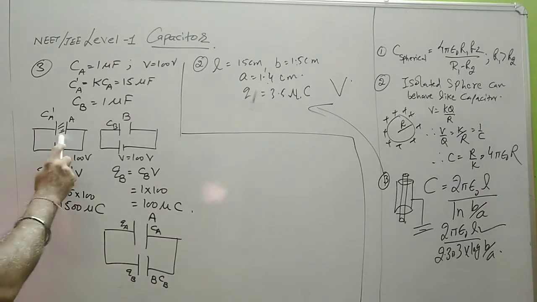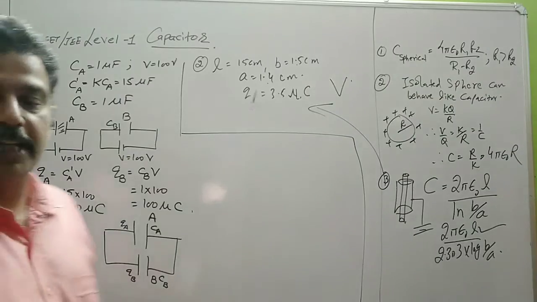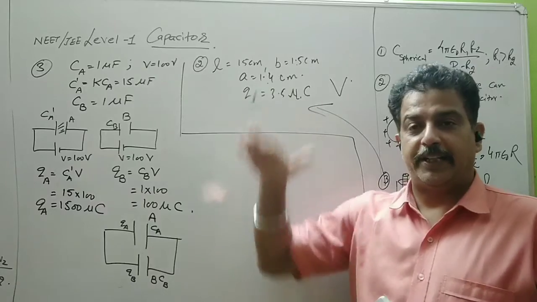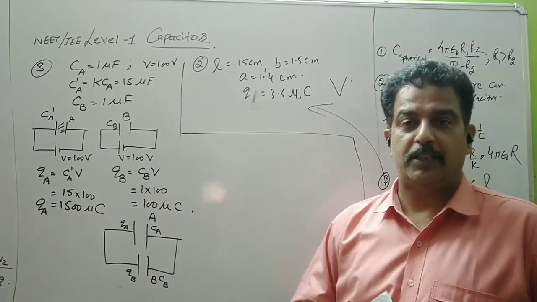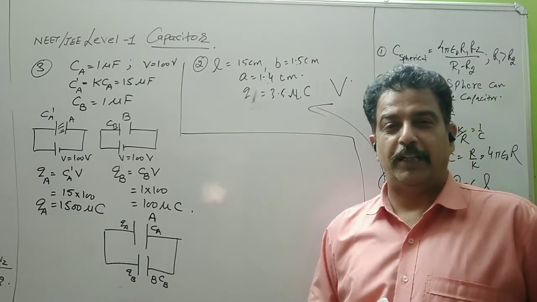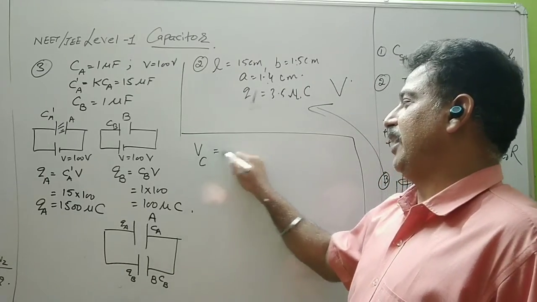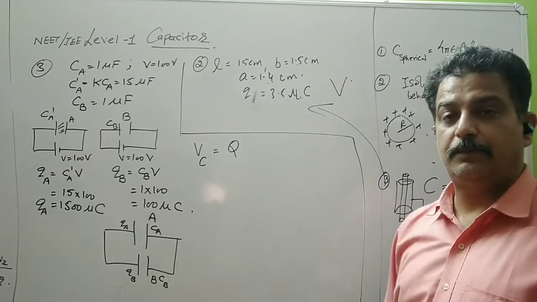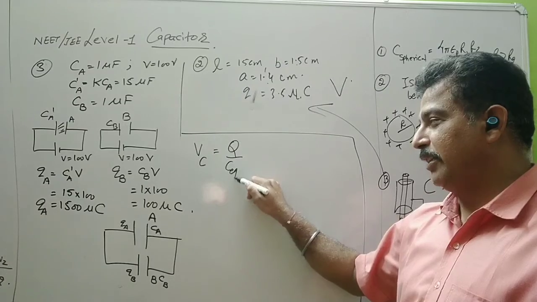The potential difference on both is 100, but now since their capacitance differ, the potential will also change. So the potential of one capacitor will decrease and the potential of the other capacitor will increase. So we have to find out the common potential. For this situation, I will write common potential as the total charge of the system divided by the total capacitance of the system.